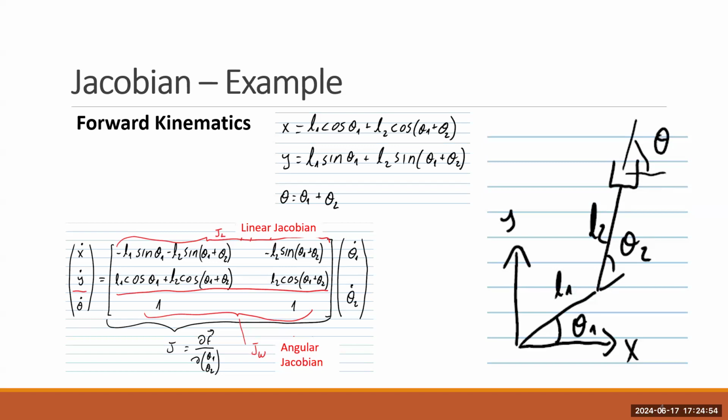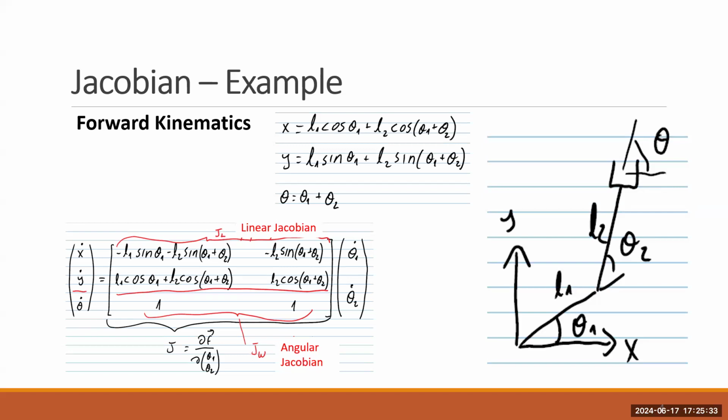This is f1, 2, and 3, with df over theta 1 and theta 2. And also we have the angular Jacobian here, which is taking the derivative of the last function, the orientation, with respect to theta 1 and theta 2. So we have the linear Jacobian and the angular Jacobian, and we simply took the derivative of x and y.